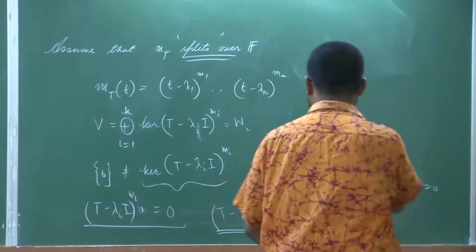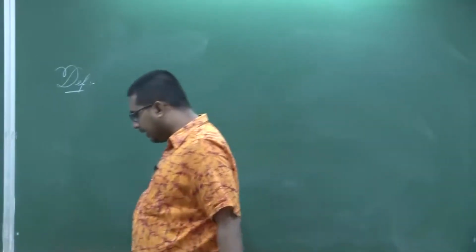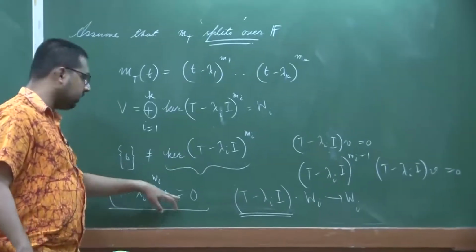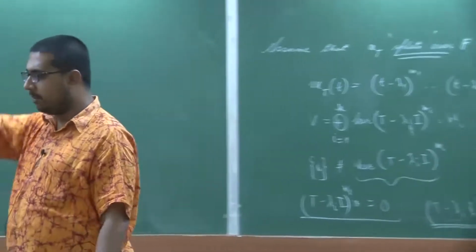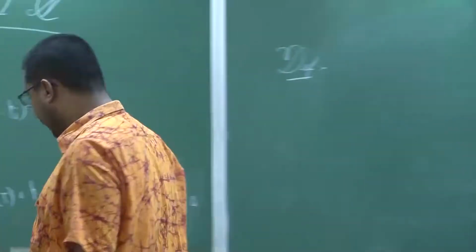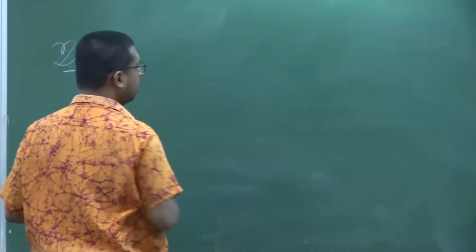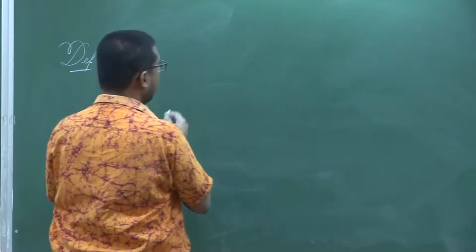So the vector may not be an eigenvector, but it is in a sense a generalization of eigenvectors, because the first power of this operator may not kill it, but some higher power will kill it.